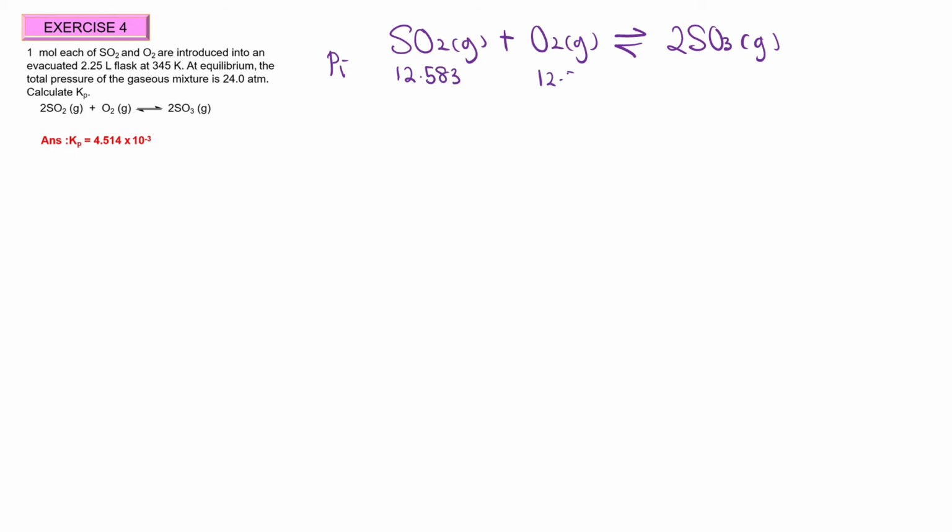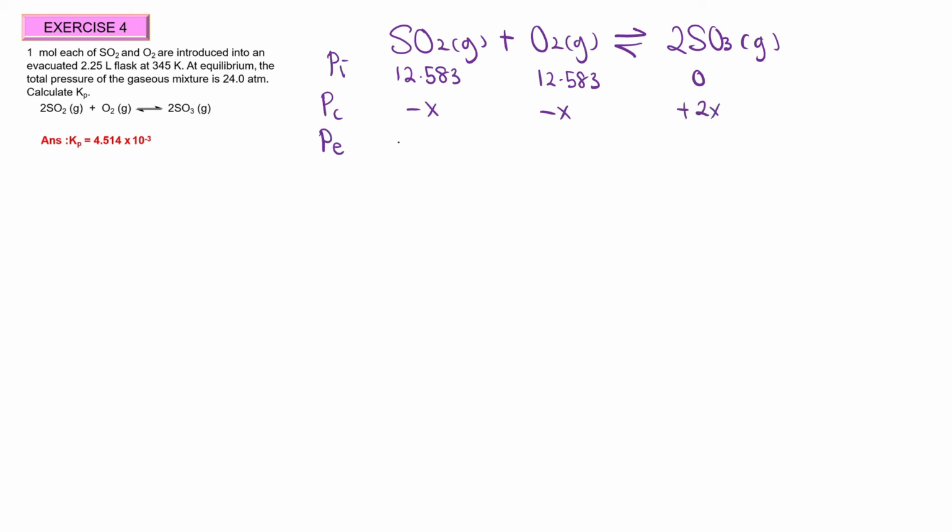So write the ICE table. SO2 plus O2 produce 2 SO3 gas. The initial pressure is 12.583 for each reactant and 0 for SO3. So the pressure change is minus x, minus x, plus 2x.